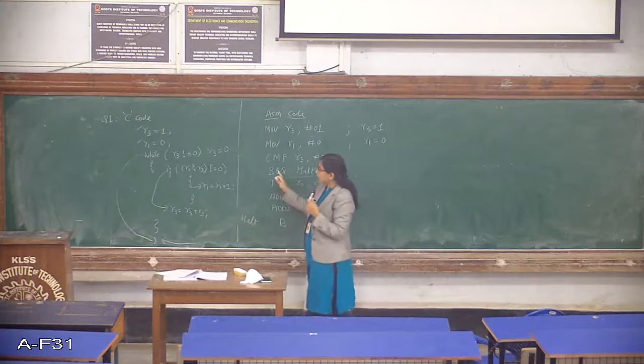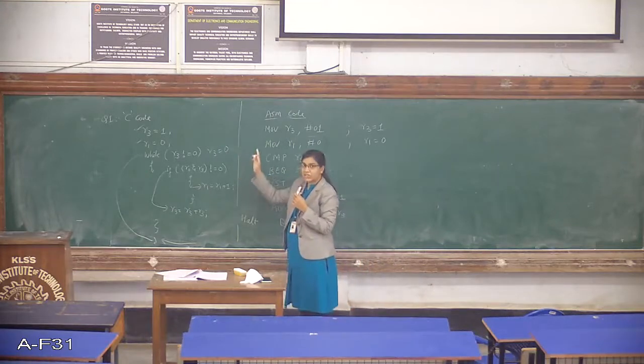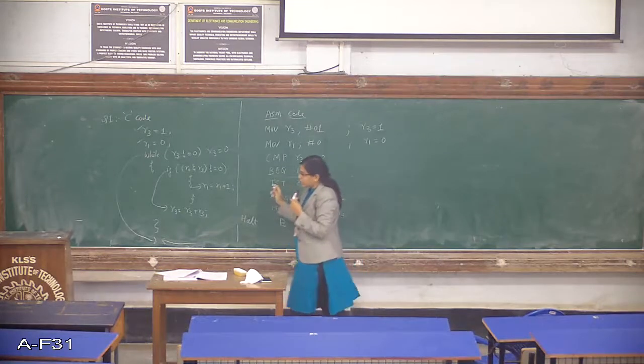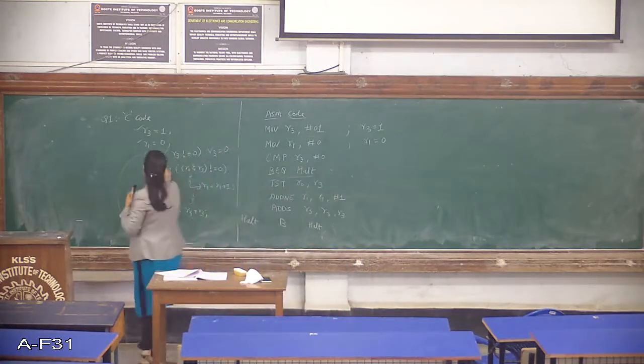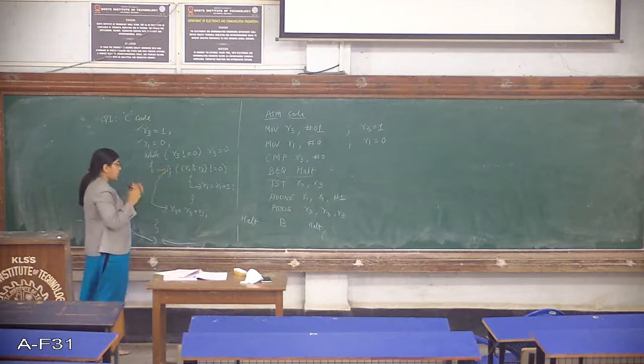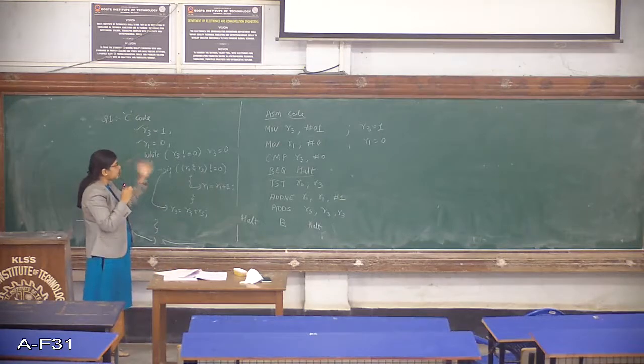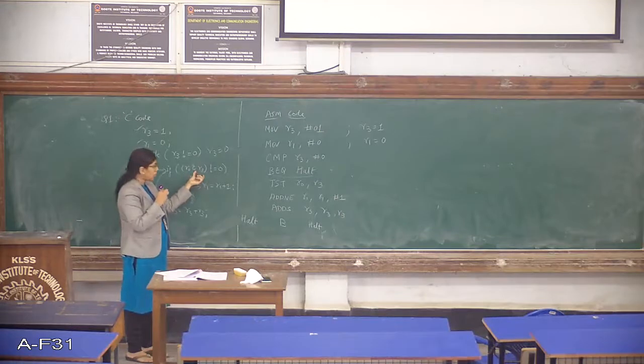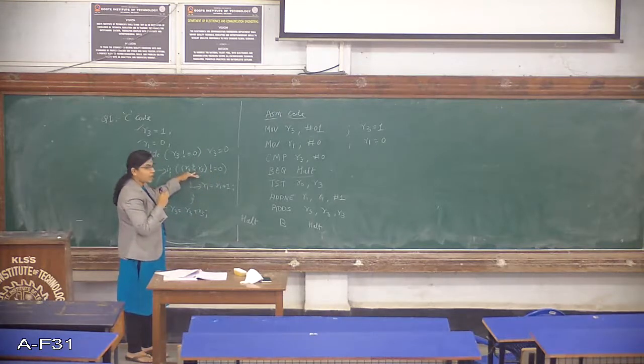Now suppose the condition was true. That means R3 was not equal to 0. What do you perform in the while loop? The next instruction is the if statement. So in the if, what are we doing? First is AND R0 with R3. The result of this will be compared with 0. So first I'll be doing the AND operation.